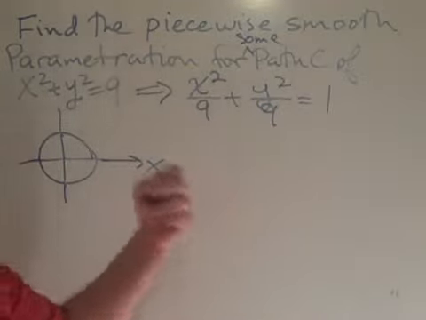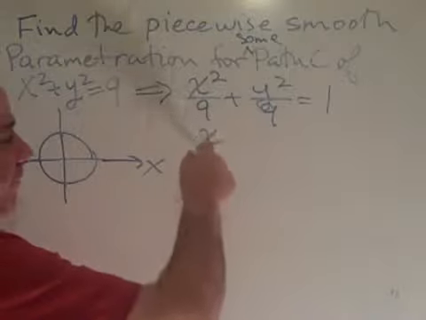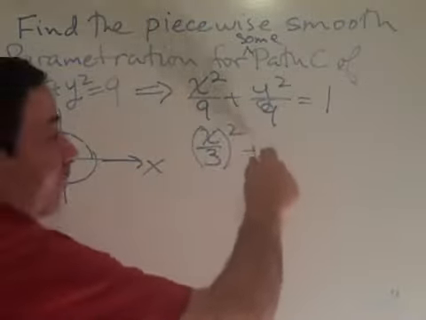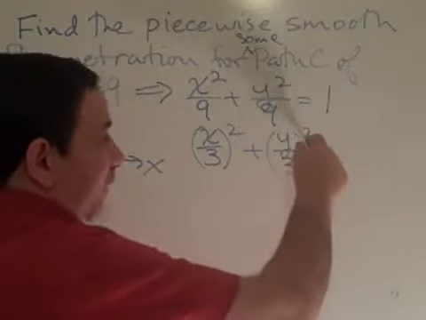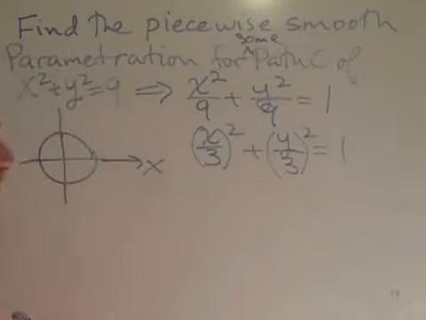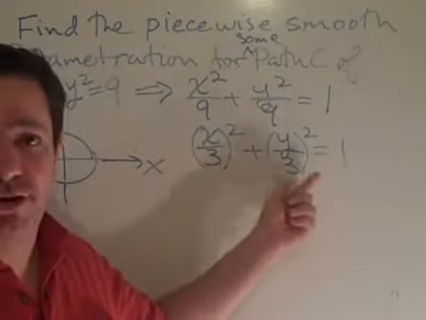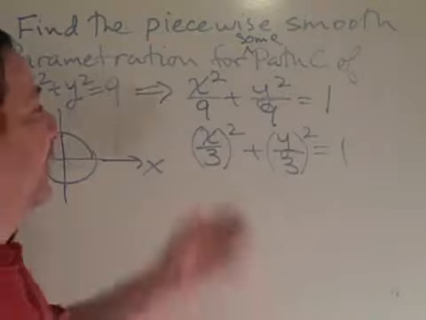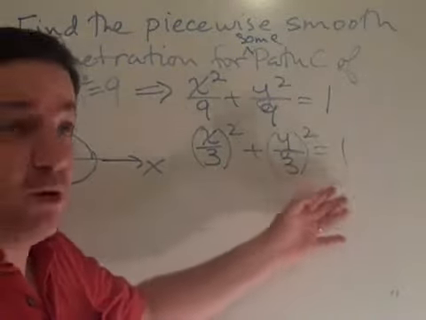But 9 is 3 squared. So x squared over 3 squared, that's the same as x over 3 squared plus y over 3 squared equals 1. Now this really looks like sine squared theta plus cosine squared theta equals 1. Or let me say it differently, cosine squared theta plus sine squared theta equals 1.